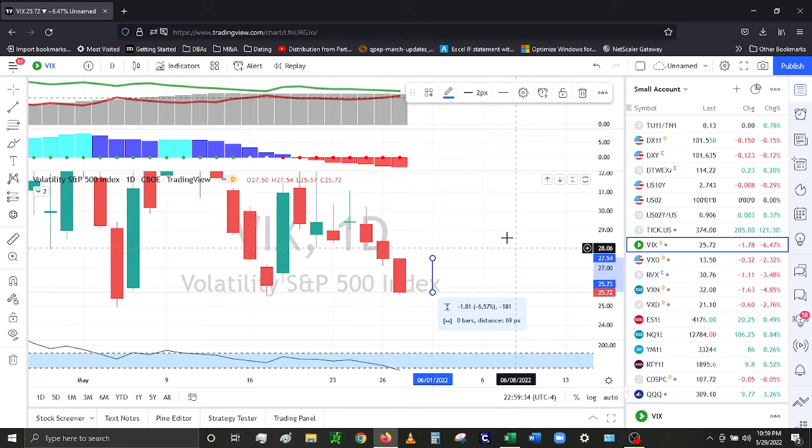It's very volatile. What's this? 3.4%, 3%. Alright, this is probably like 2%, 1.7. So market's very volatile right now.